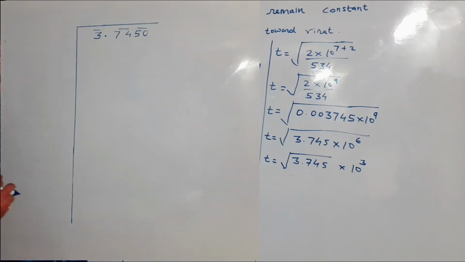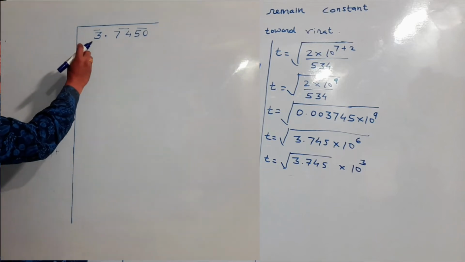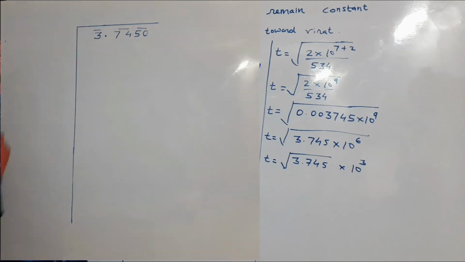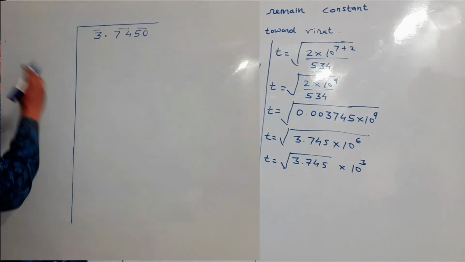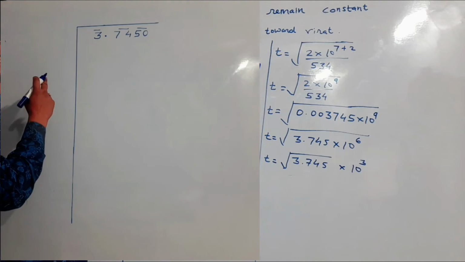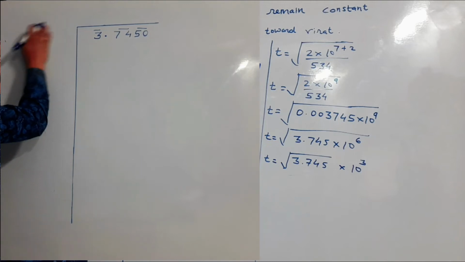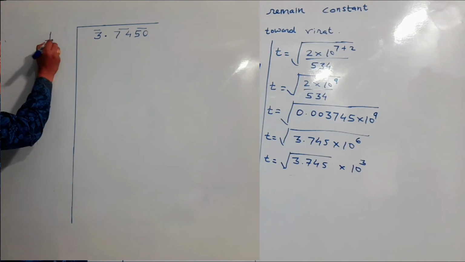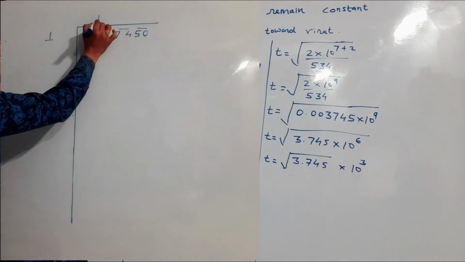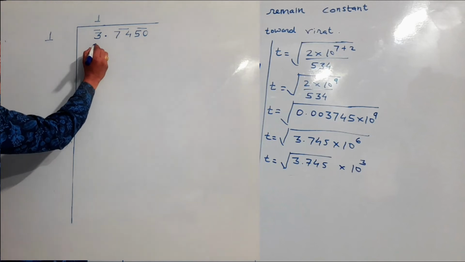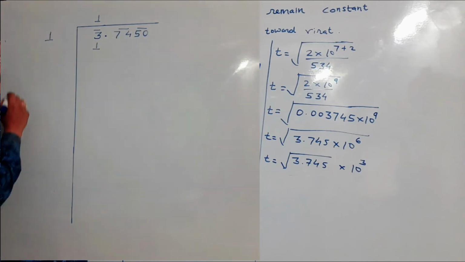Now my dear student, here we will take such a number which is near 3 or less than 3. We will find out the square of that number. So if we take 1, 1 ones are 1. 1 square is 1.